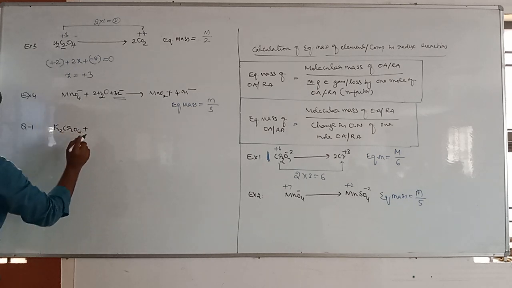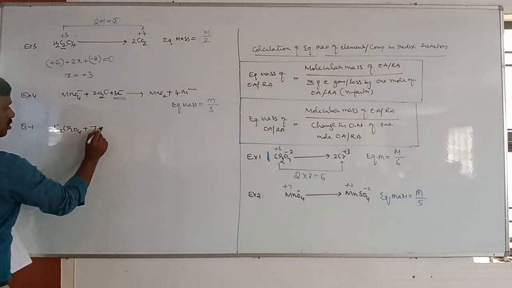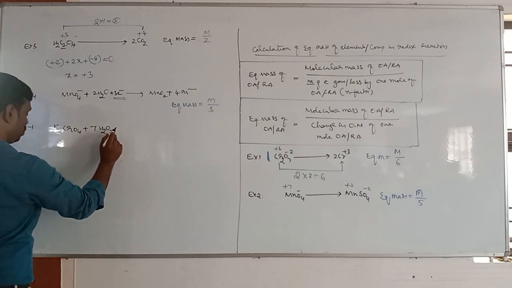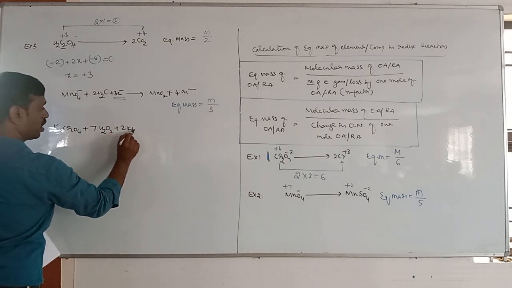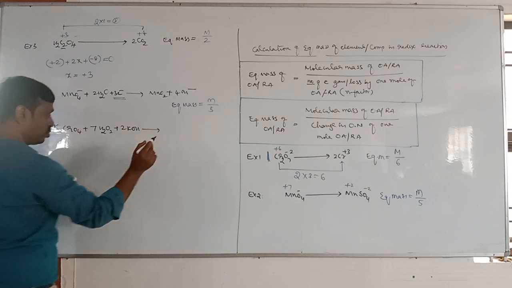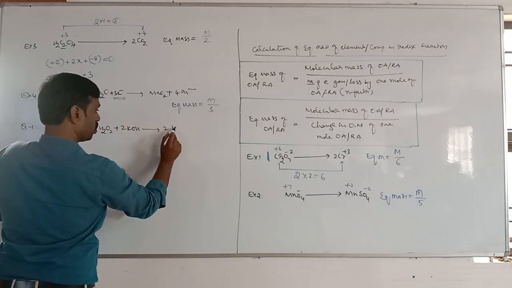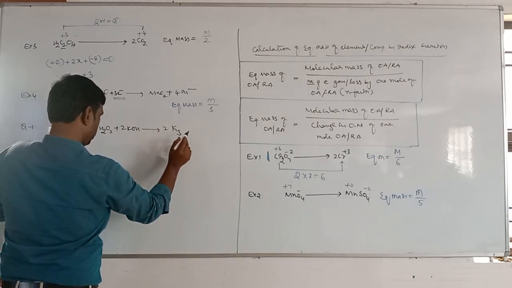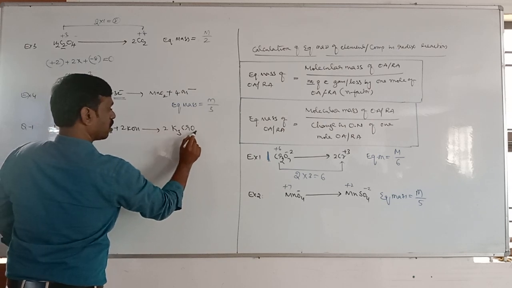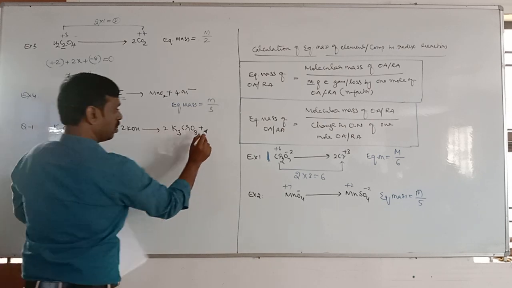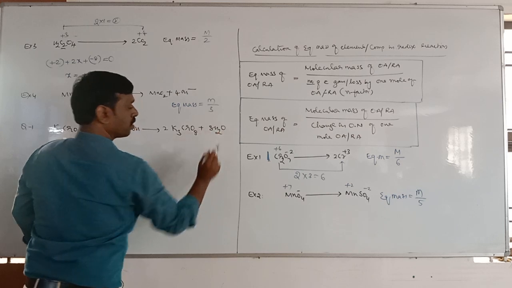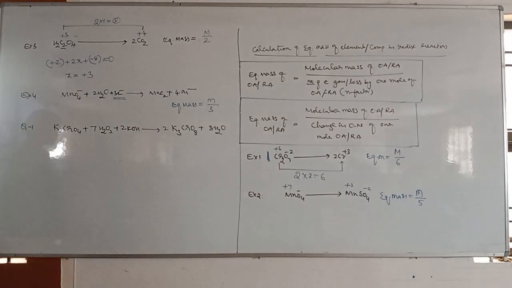K2CrO4 plus 7H2O2 plus 2KOH gives rise to 2K3CrO8 plus 8H2O. Calculate the equivalent mass of the oxidizing agent and the equivalent mass of the reducing agent both.